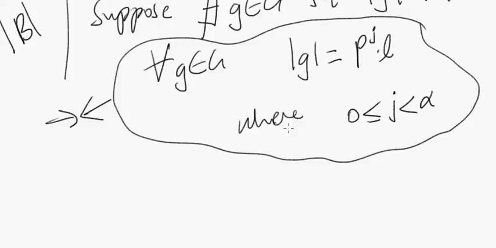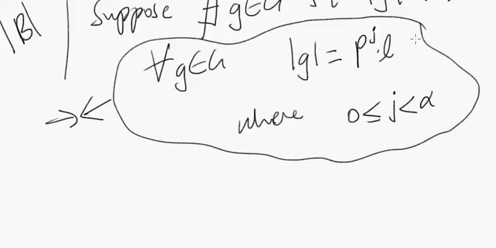So there was this idea about counting. Suppose we count, then if we assume that for all g, the order of g equals p to the j times L, what is the maximum, given that the power of p must always be less than alpha, how large is the set of all possible cardinalities of subgroups going to be?